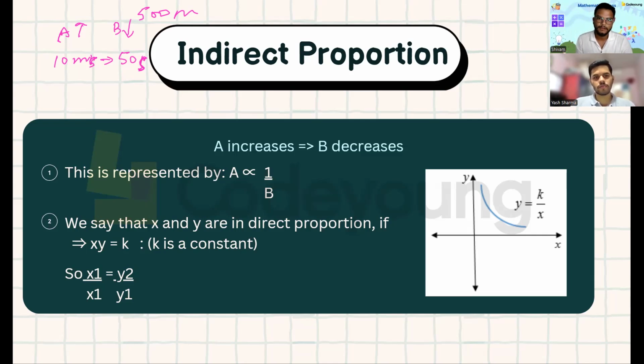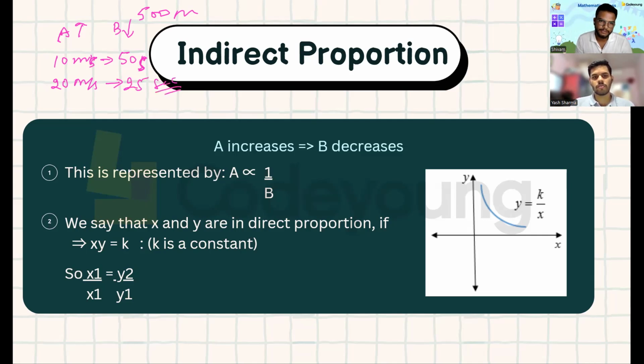If I'm increasing it, let's say it becomes 20. So tell me what time it is going to take. It will take 25 seconds. Great answer. So we are going to have 25.